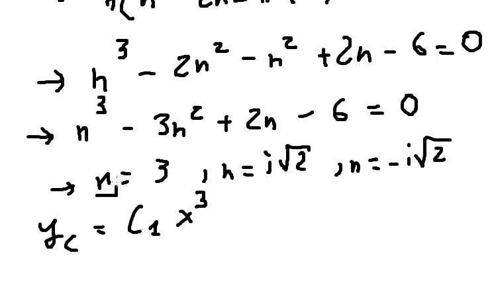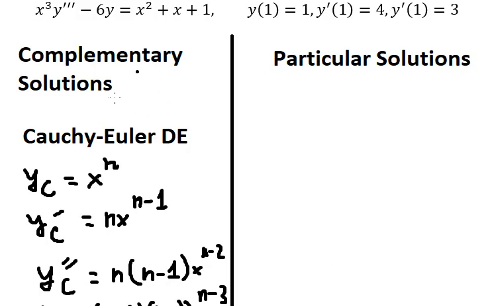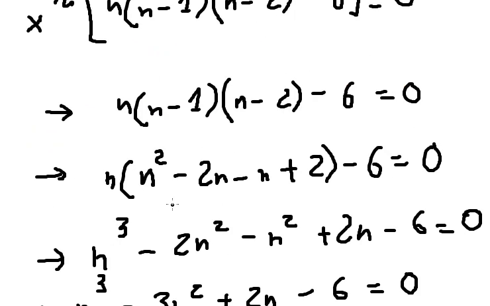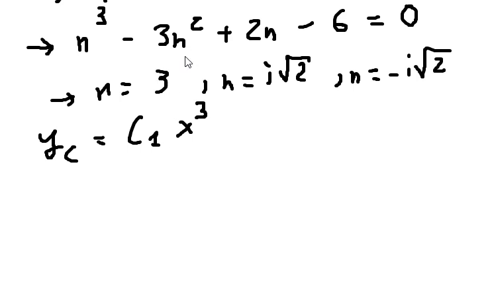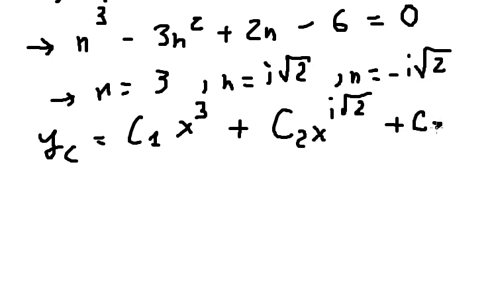Now we need to change n from here into 3, and that's why we have s to the power of 3. c2, s to the power of i times the square root of 2, and we have c3, the constant 3, s to the power of negative i times the square root of 2.